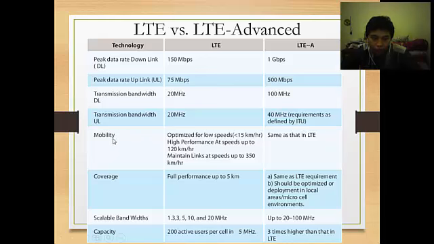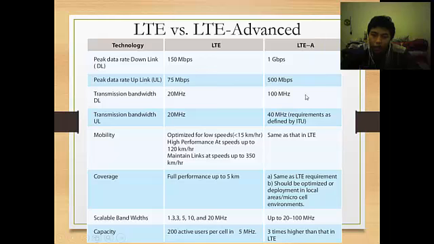And the mobility for LTE is optimized for low speed, high performance at speeds up to 120 km per hour, and maintains links at speeds up to 350 km per hour.